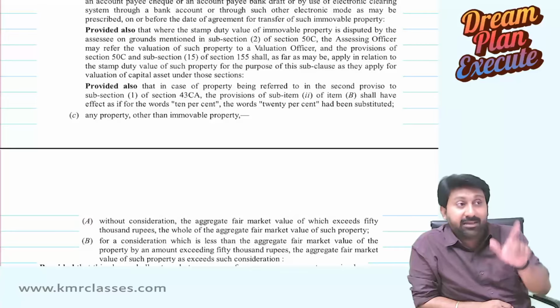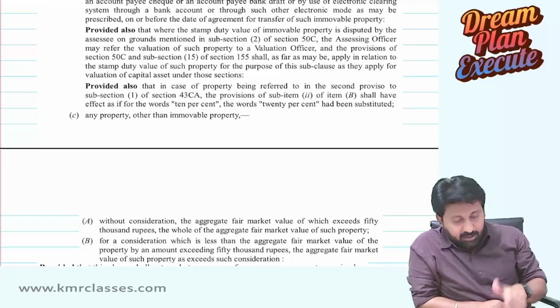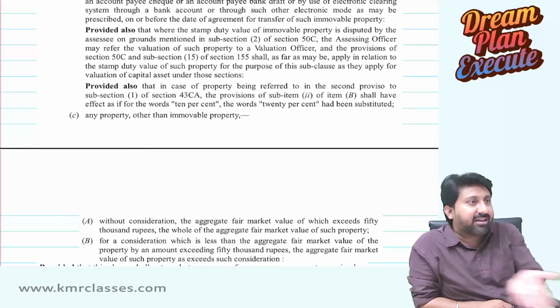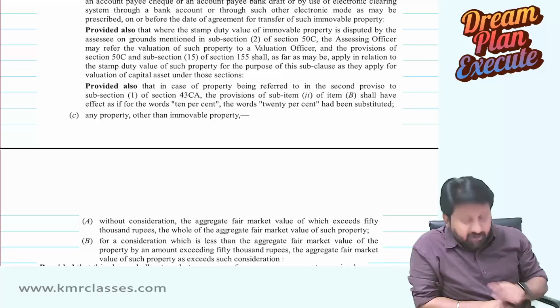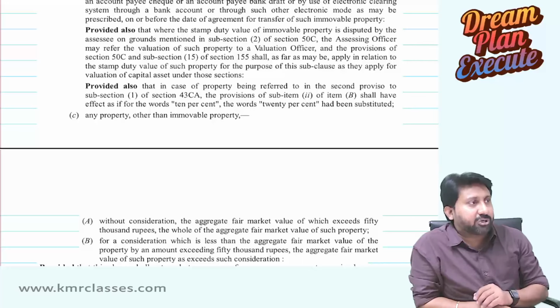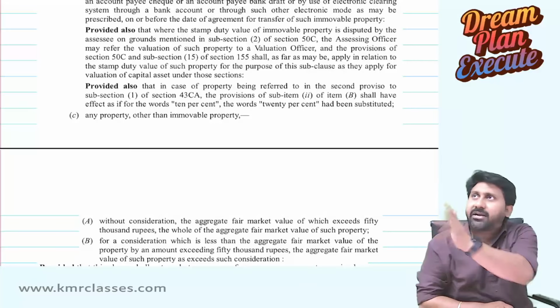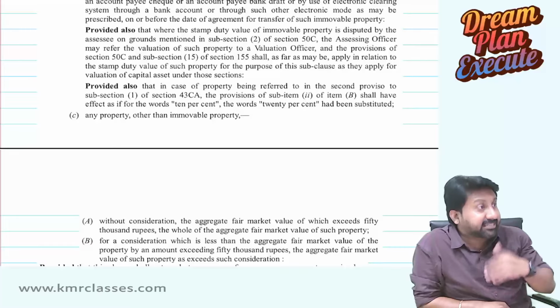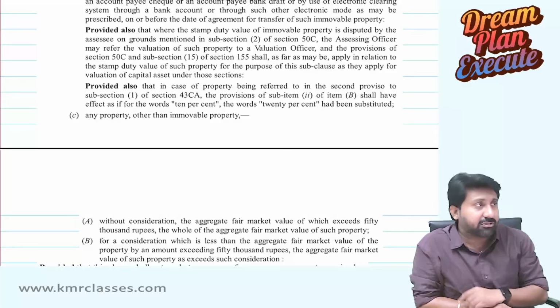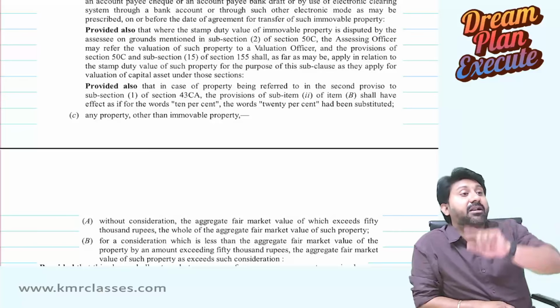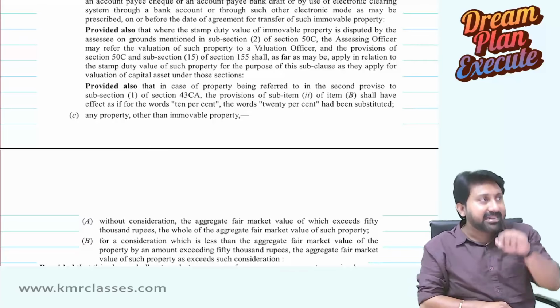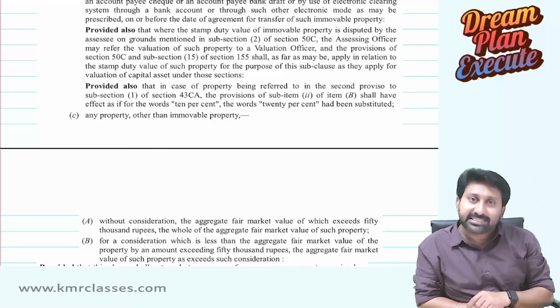Any property need not be a capital asset, other than immovable property. Color TV is a movable property. I did not give any consideration; my friend received it without consideration. The fair market value is 4.5 lakh, which exceeds 50,000 rupees, so the whole aggregate fair market value of such property is taxable under the head income from other sources. Yes, it is getting taxed.